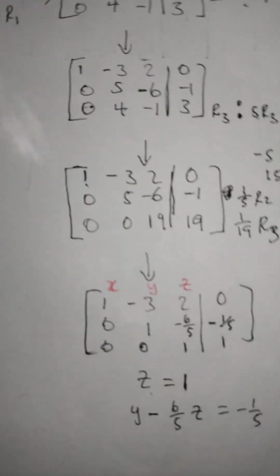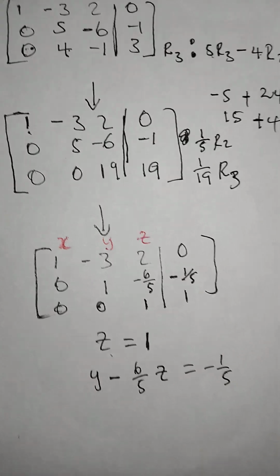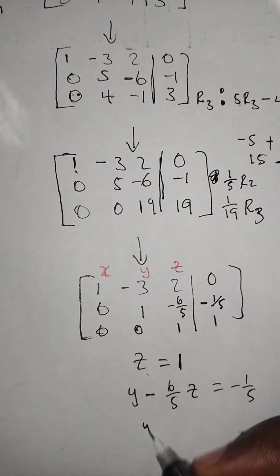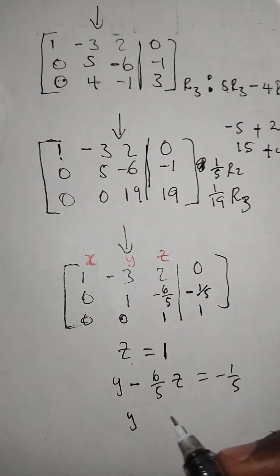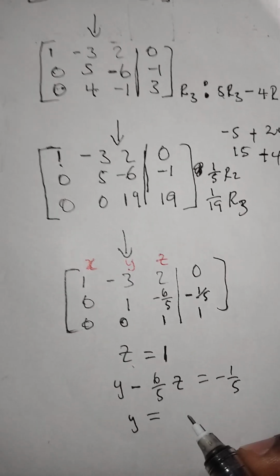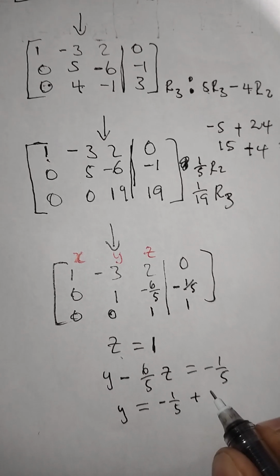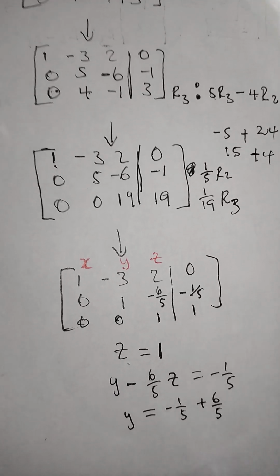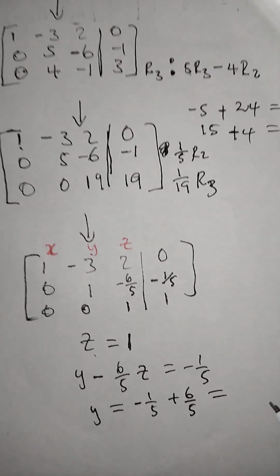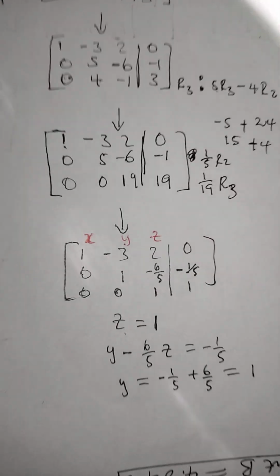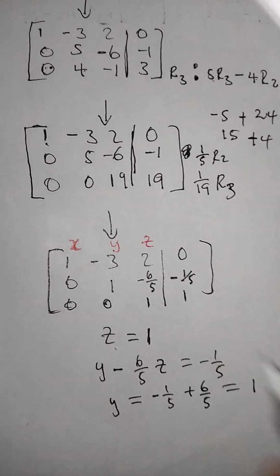We know that z is 1, so y equals minus 1 over 5 plus 6 over 5. This simplifies to 1. So we see that z is 1 and y is 1.